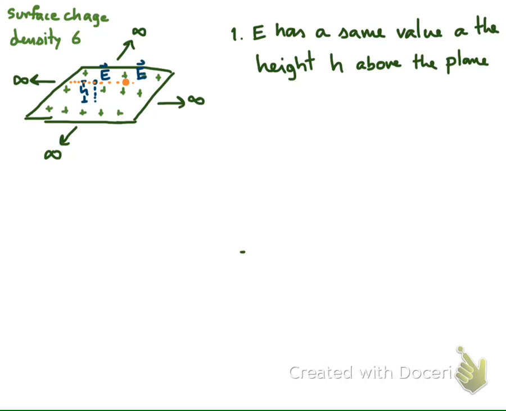This means that if you look at any point that is at the distance h above the plane, the magnitude of the electric field should be the same. So that is the first result of the symmetry.